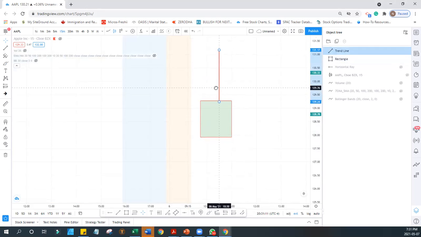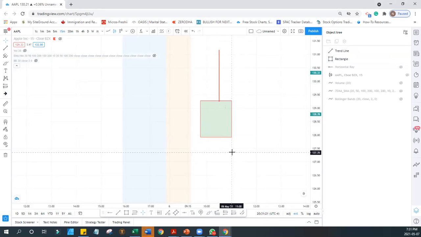This is a red candle, for example, the inverted hammer. So who is in control? Bears are in control, right? You don't have to remember the names of the inverted hammer or the hammer candle. Now you know who is in control.